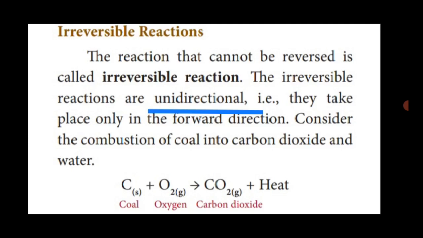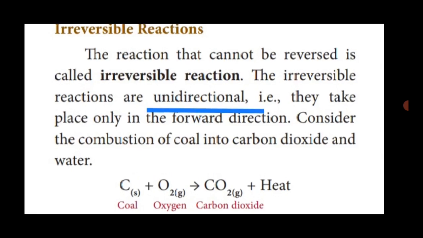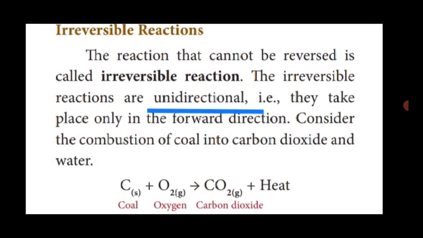This is reversible reaction. What is irreversible reaction? The product cannot be reversed easily. These reactions are called irreversible reactions. This is a unidirectional reaction, that only occurs in forward reaction. Example, burning of coal is one of the irreversible reactions.